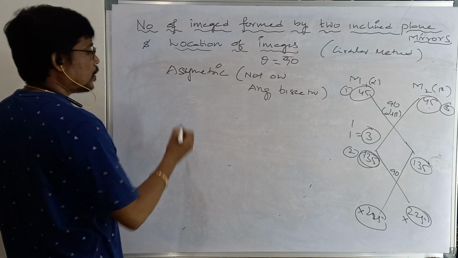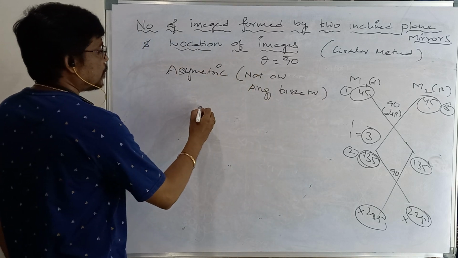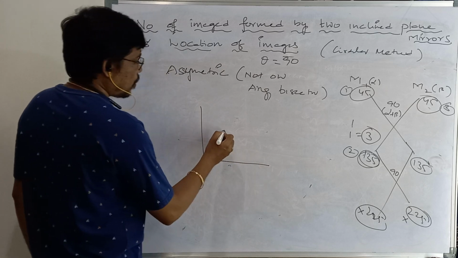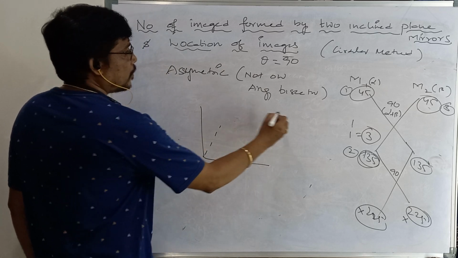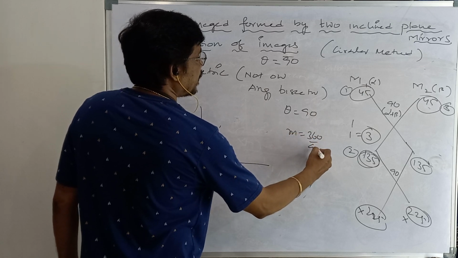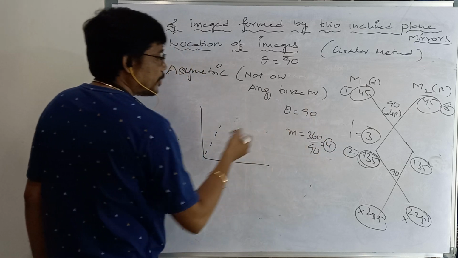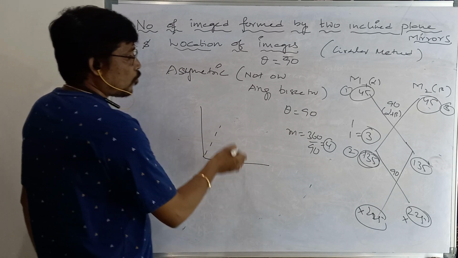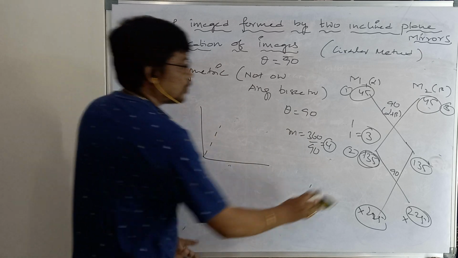How do you consider the asymmetric case? This is the angle, and of course the total is 90. Theta is equal to 90, so m is equal to 360 by 90, which is 4. Whether there is any overlapping or not, we will decide.